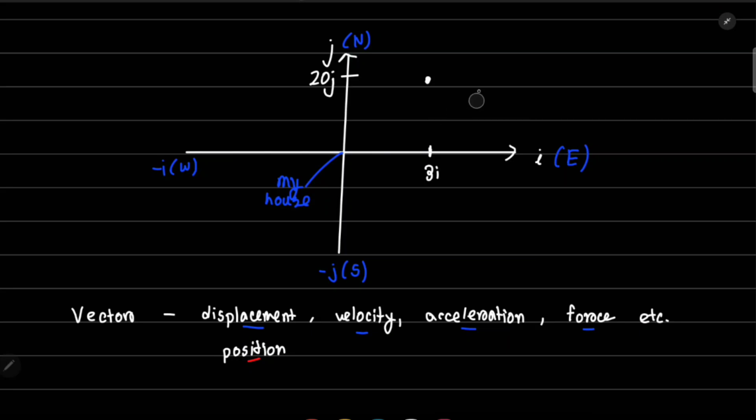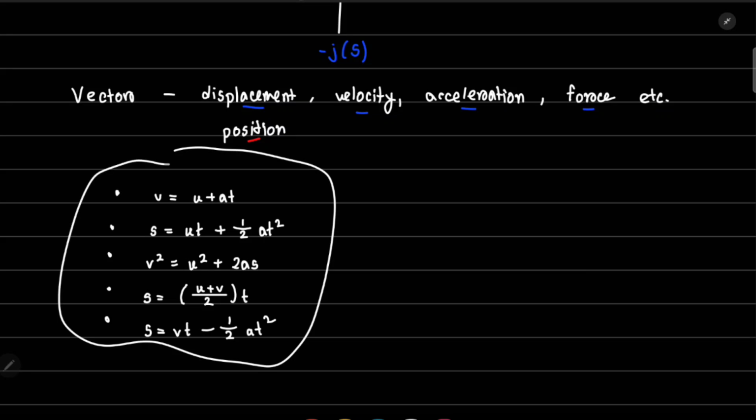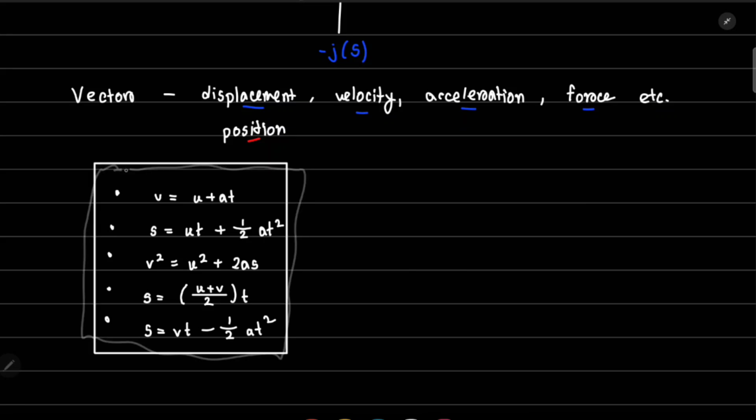Now using vectors, we can use the Suvat equations as well. So the Suvat equations we generally use, these 5 equations, we might have to use any one of them in vector form. It's basically the same as when we use them with numbers.